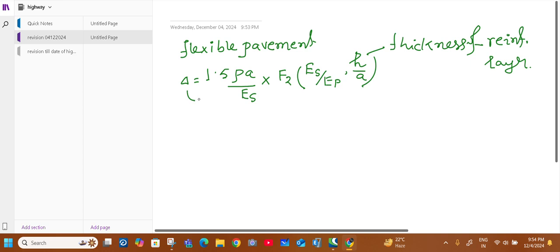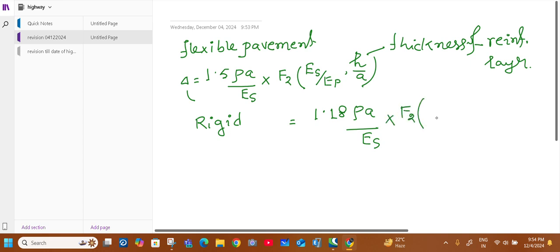Delta is design deflection. For rigid pavement, delta equal to 1.18 Pa by Es into F2, which is a function of Es by Ep, comma H by A.